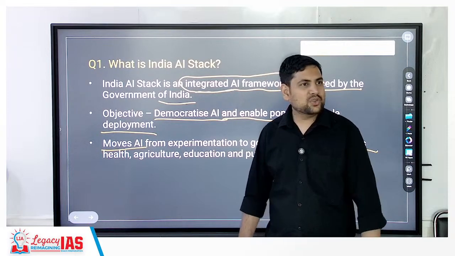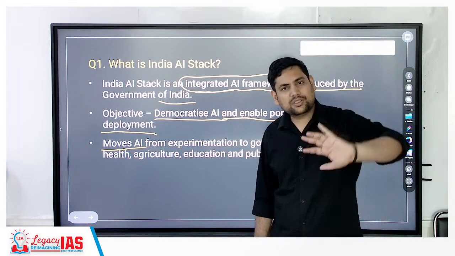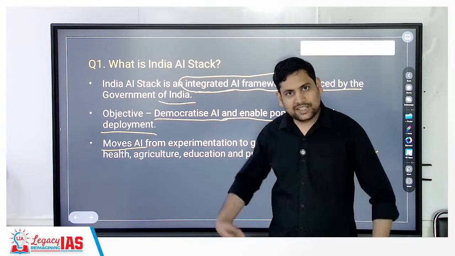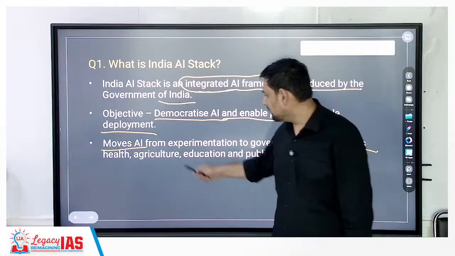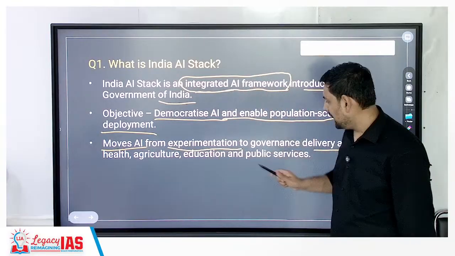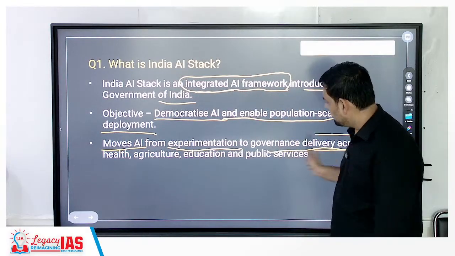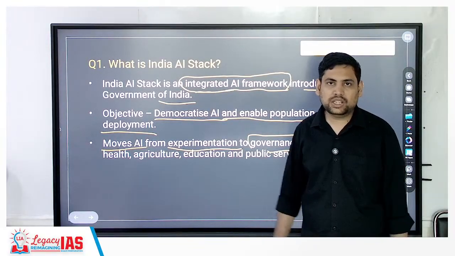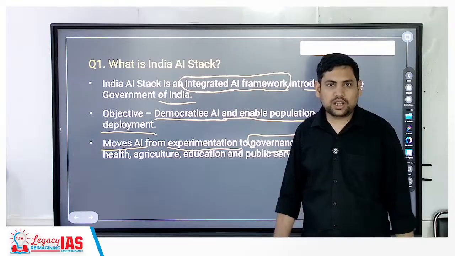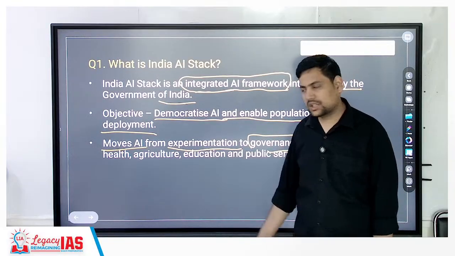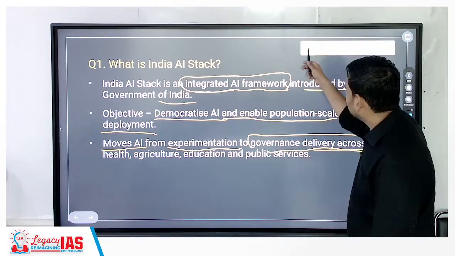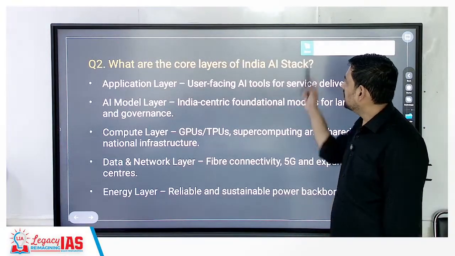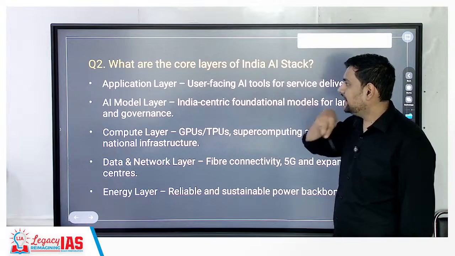So you just saw it as experimentation or some very far-off thing. But AI is here. So now we need to move from this experimentation mindset to bring it to governance delivery across the board, because we must integrate artificial intelligence now. This is the need of the hour, even for governance systems. So what are the core layers of India AI stack?